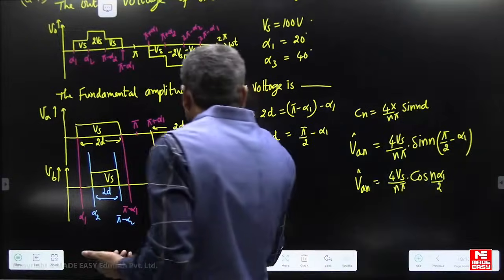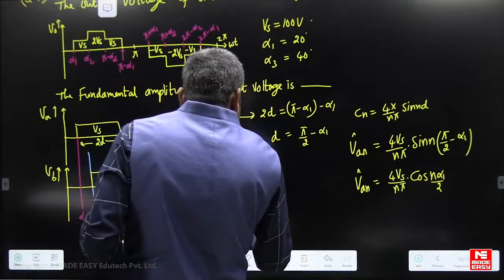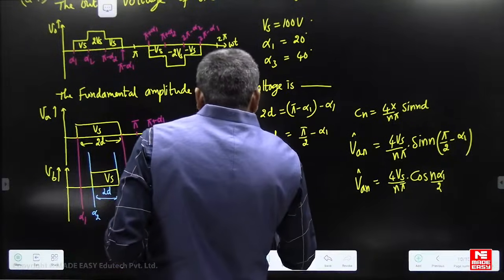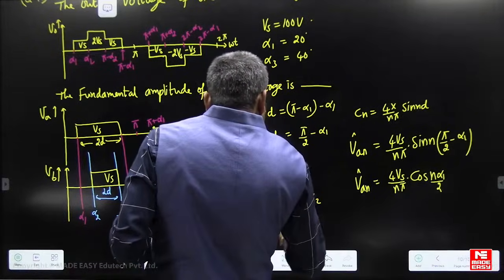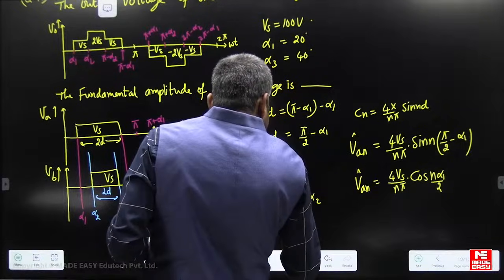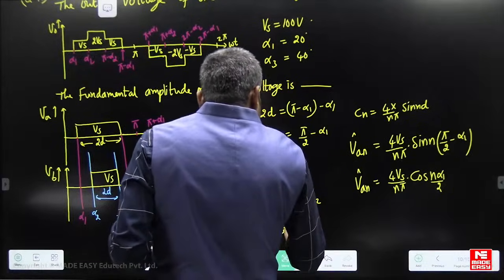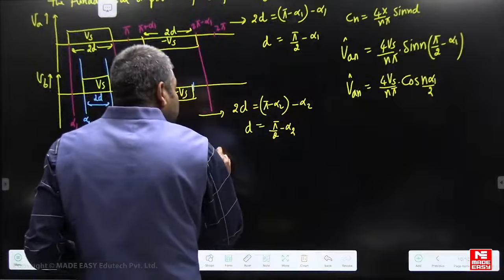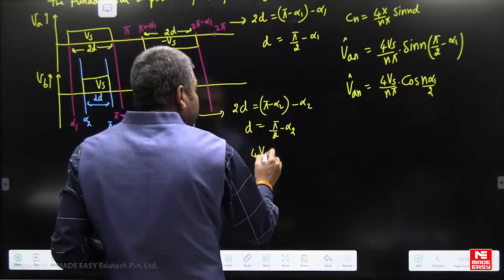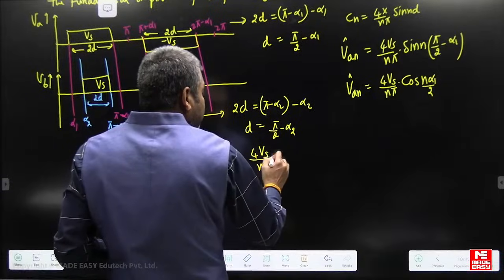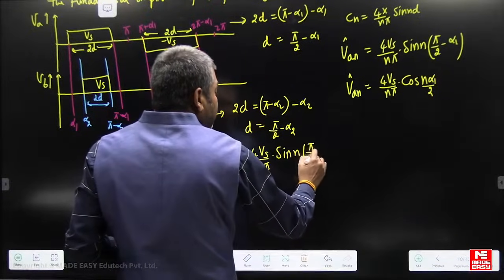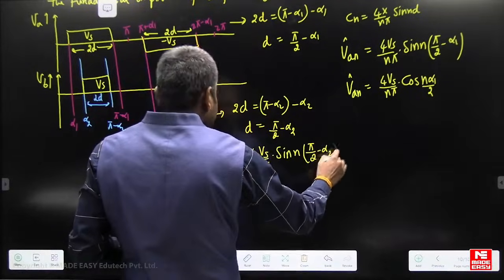Similarly, for this quasi square wave, the pulse width is pi minus alpha 2 minus alpha 2. So, again d is equal to pi by 2 minus alpha 2. What is VBN here? The nth harmonic amplitude is 4Vs by n pi sin of n into d, where d is pi by 2 minus alpha 2.